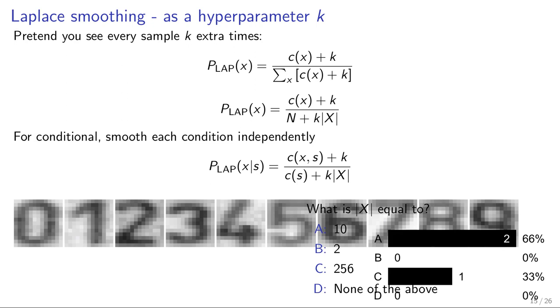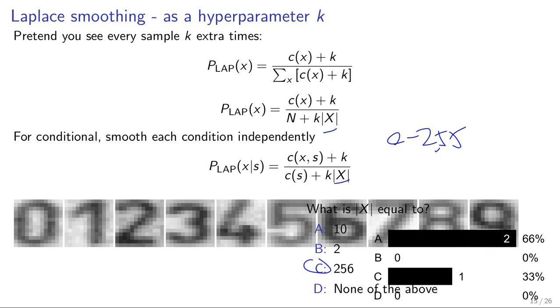So the correct answer is C. Remember that we always denote by X the features, right? So the cardinality of X is 256.